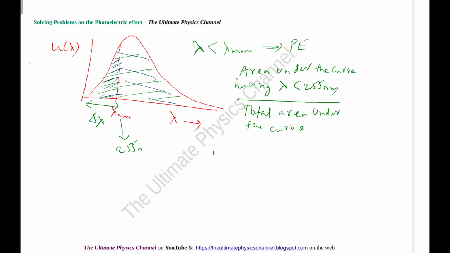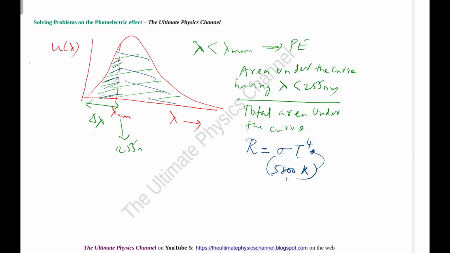Now we know from the Stefan Boltzmann law that the total area under this curve gives a power, denoted as R, equal to sigma times T to the power 4, where sigma is the Stefan Boltzmann constant. So this constant is known. The temperature of the black body, in this case the sun, is taken to be about 5800 Kelvin. That's a standard number.